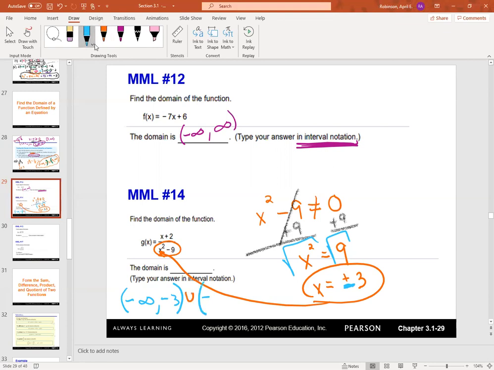Then on the other side, you'll continue on the other side of negative 3, and you'll go up to the positive 3, but don't include that, unioned with positive 3 all the way to infinity.